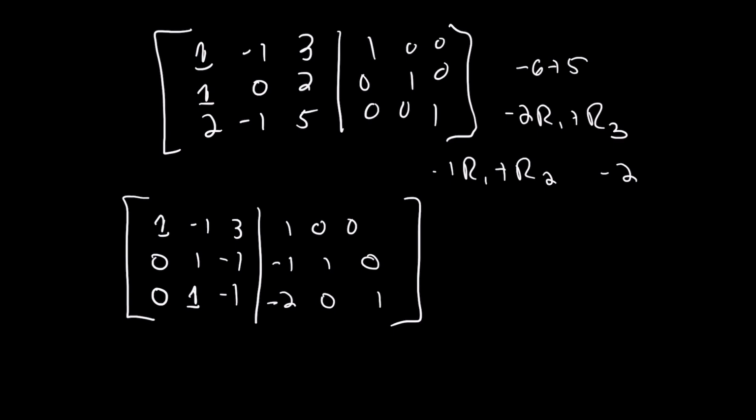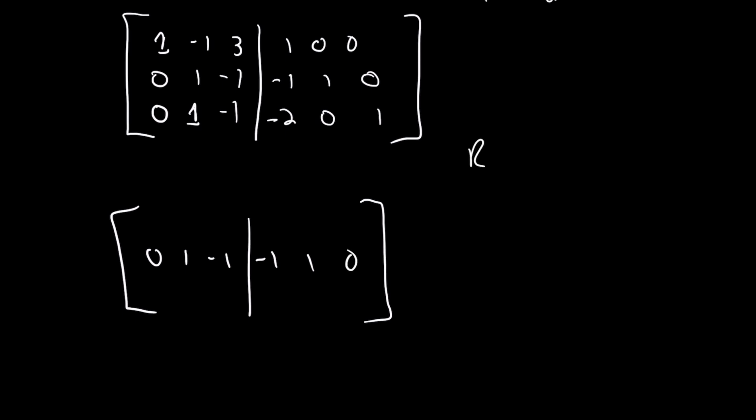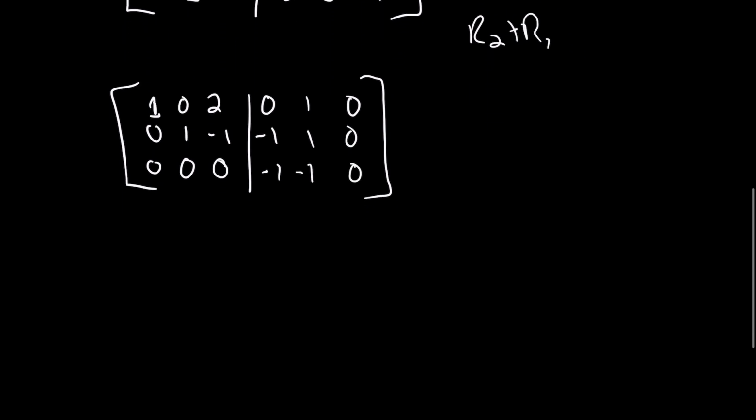Okay. So now you would just add row 2 plus row 1, 1, 0, 2, 0, 1, 0. Now do negative row 2 plus row 3, 0, 0, 0, negative 1, negative 1, 0. And because of this, you cannot find the inverse.